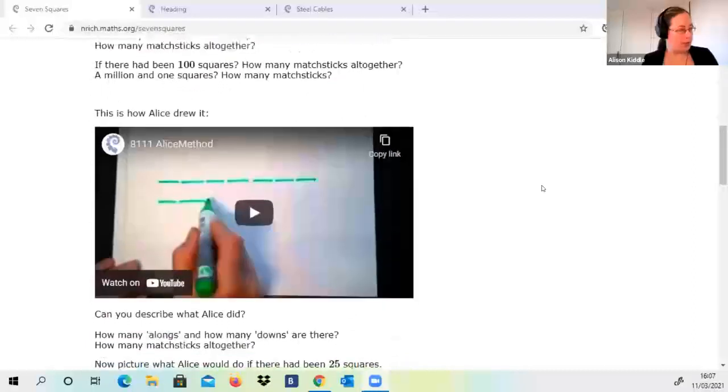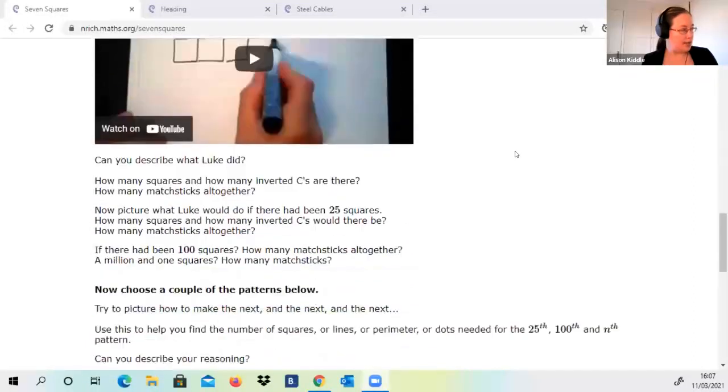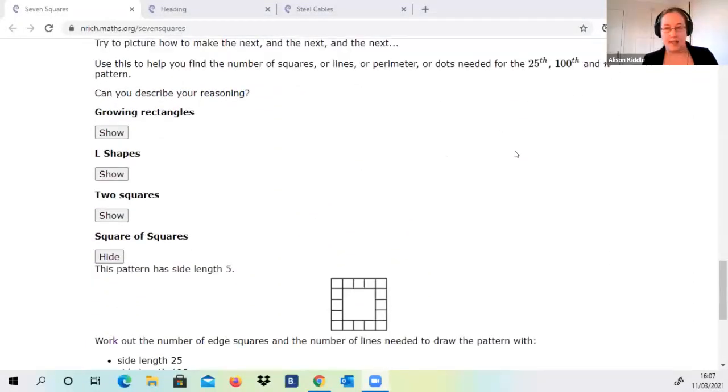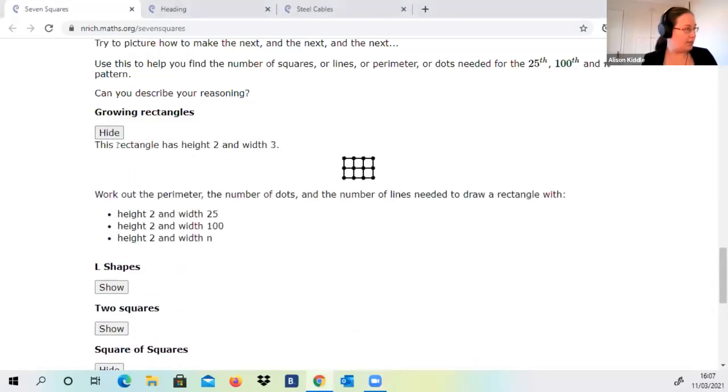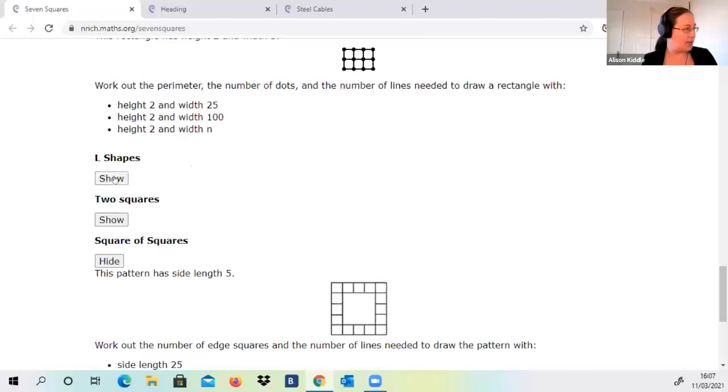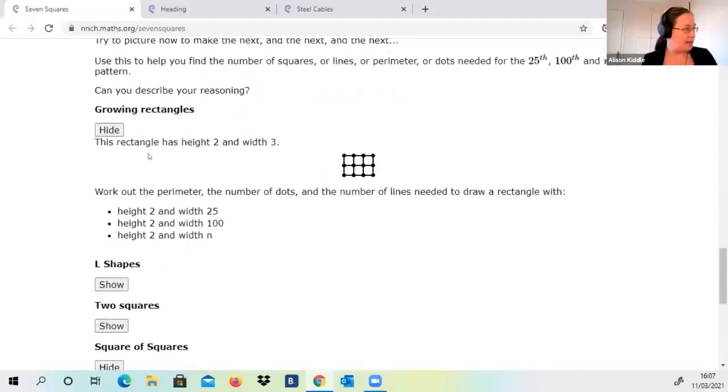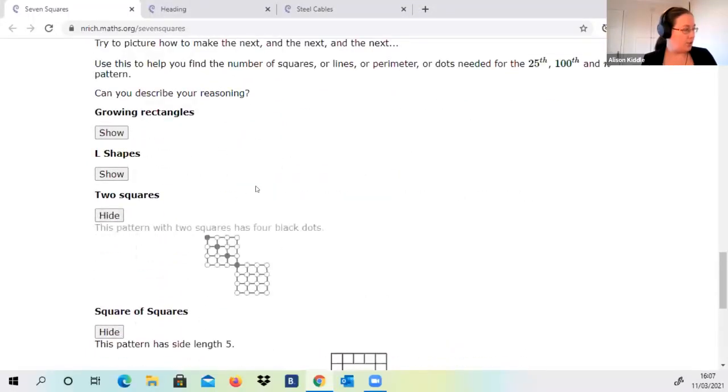But what we're going to do is scroll down below these videos, because another thing about this particular task, 7 squares, is that it has lots and lots of different patterns in it. So I'll just show you a couple of those. There's the growing rectangles pattern, there's the L shapes pattern here, there's a 2 squares pattern.